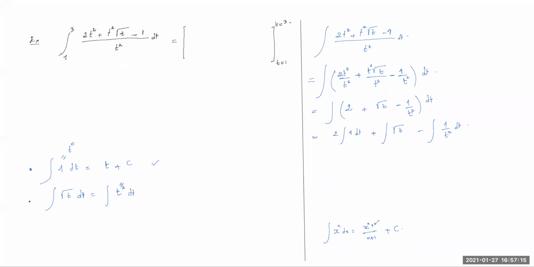Then we use the formula: t^(1/2+1) over (1/2+1), plus a constant. So it's t^(3/2) over 3/2, plus a constant, which you can write as 2/3 t^(3/2) plus a constant.